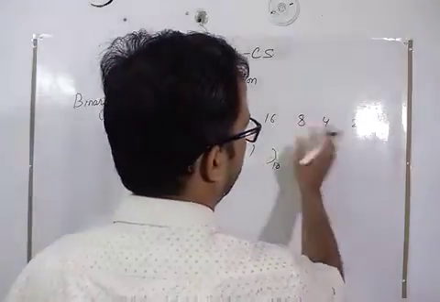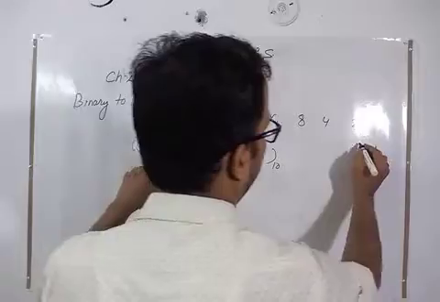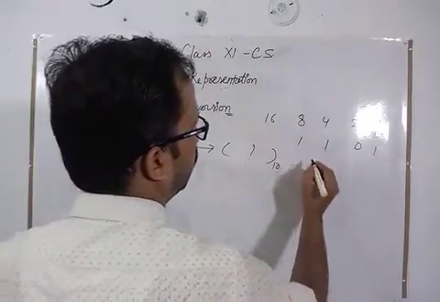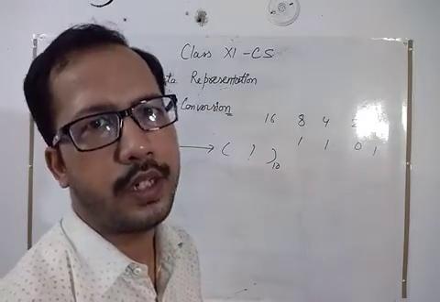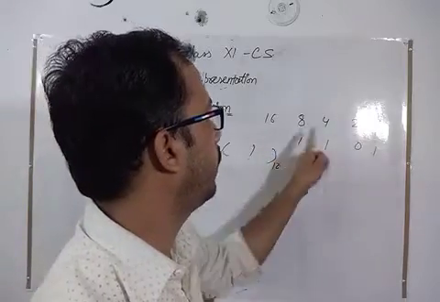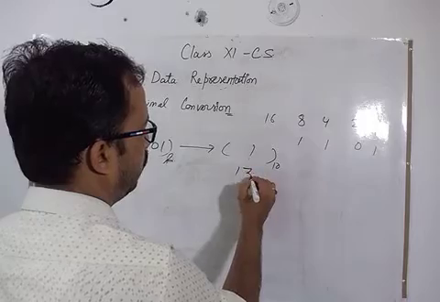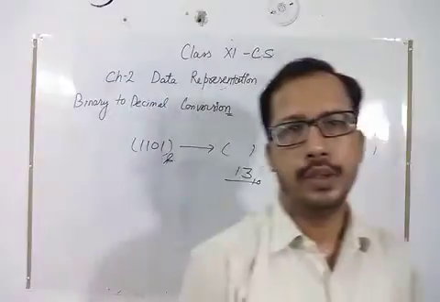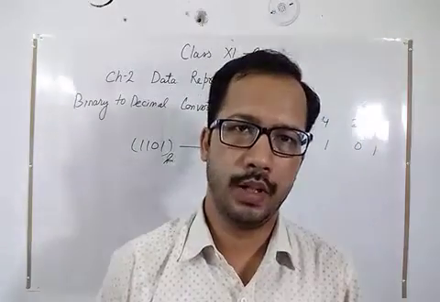Then we have 1, 0, 1, 1 with weights 1, 2, 4 and 8. Where the 0 is, it is the false position, and where 1 is, it is the true position. So we will consider the true positions, which are 8, 4 and 1. 8 plus 4 is 12 and 1 is 13. So it is directly 13. Okay, so this is all the concept of conversion from decimal to binary and binary to decimal.